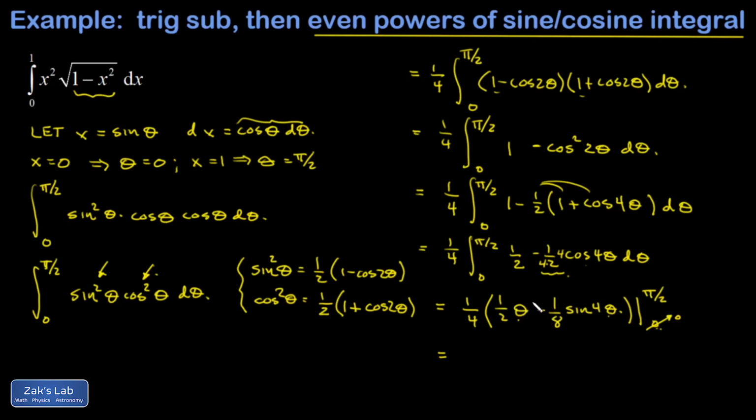Well, when I plug in pi over 2 for theta, that's not going to vanish, so I'll have to get back to that. But when I plug it in for theta in the sine of 4 theta, 4 times pi over 2, that's 2 pi, and the sine of 2 pi is 0, so that term is gone. My only survivor here is when I plug that upper limit in to the first term. And I have 1/8, that's just the 4 and 2 there, multiplied by theta, which is pi over 2. And that simplifies to pi over 16.